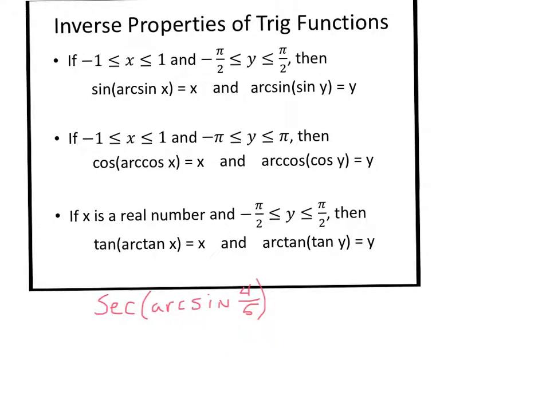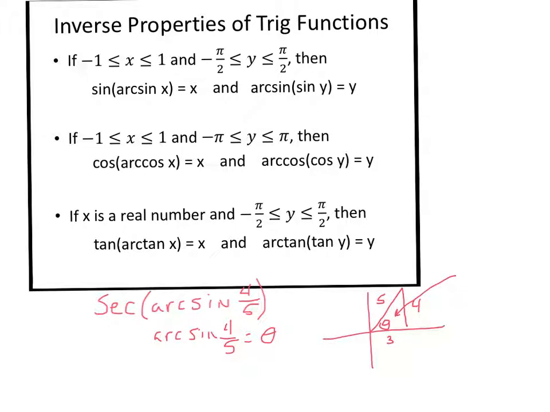Okay, so let's take a look at the secant of the arcsine of 4/5. If I draw out a 3, 4, 5 triangle, we know that sine of theta is opposite 4 over hypotenuse 5, which means my adjacent side will be side length 3. Now, the arcsine of 4/5 is this theta, so arcsine of 4/5 equals theta, and we can see that on our drawing.